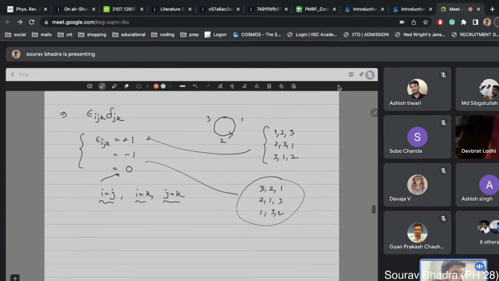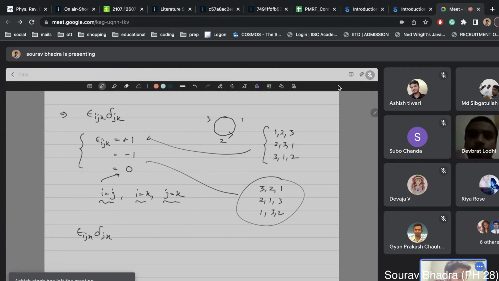Now coming to ijk delta jk, you can see this delta jk is non-zero only when j equals k. Now if j equals k, then two indices will be the same, like i j j.